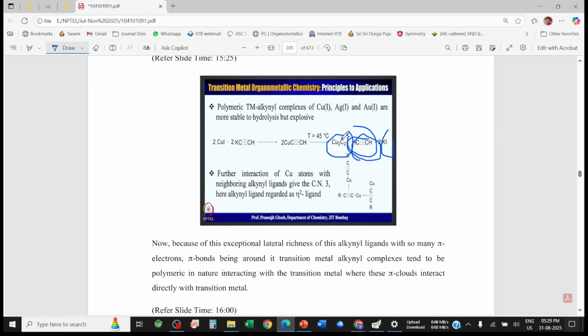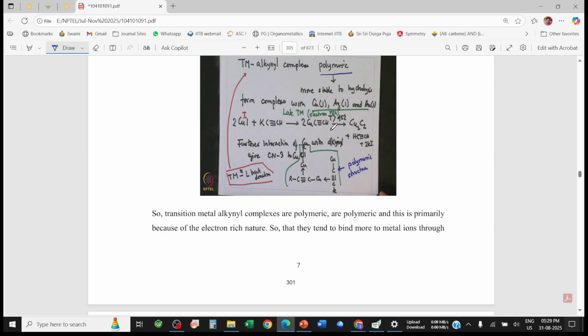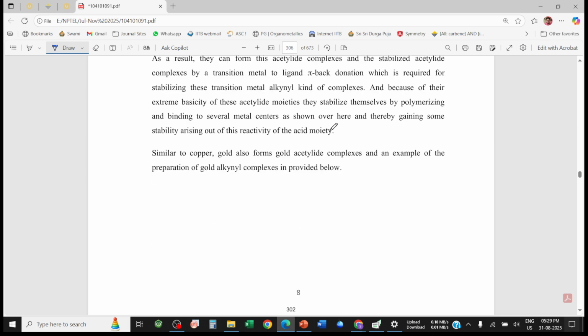this acetylide complex releases acetylene gas, and that's why the metal acetylides are explosive in nature. And some acetylides are also stable.